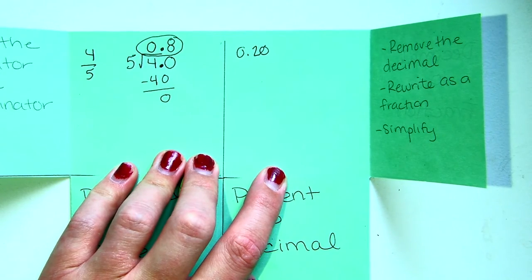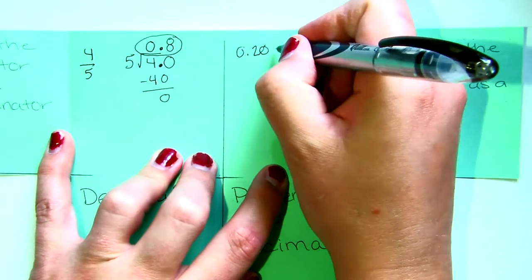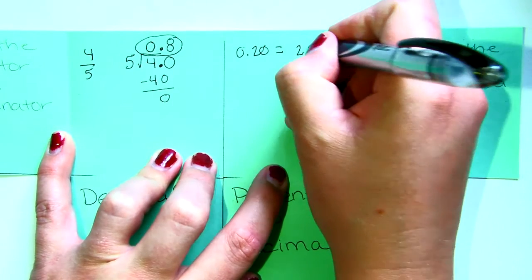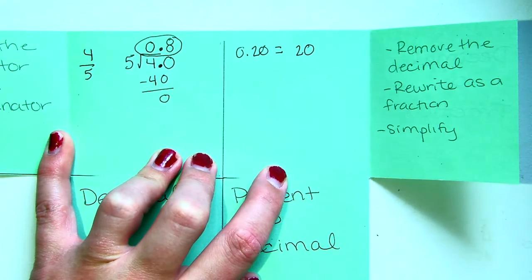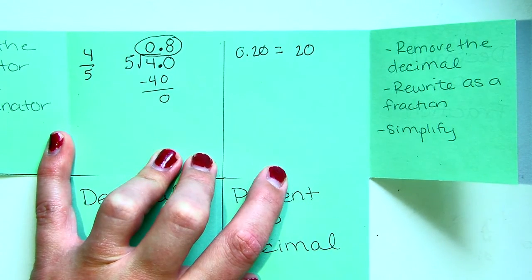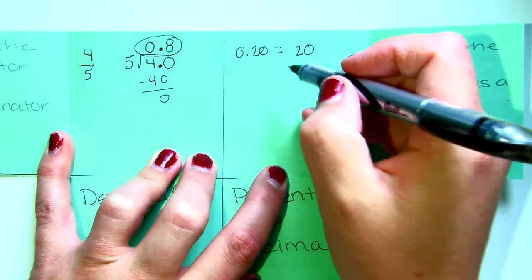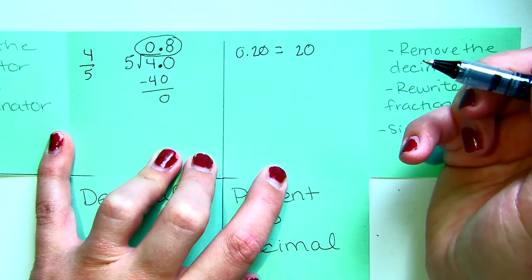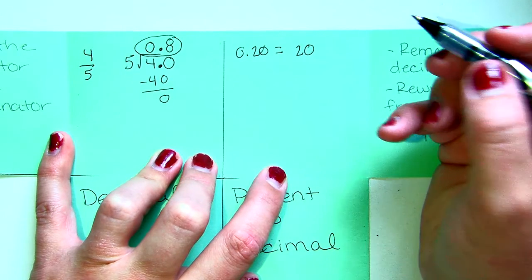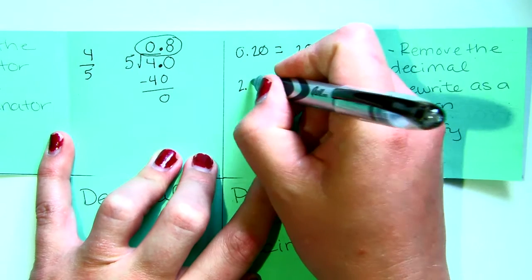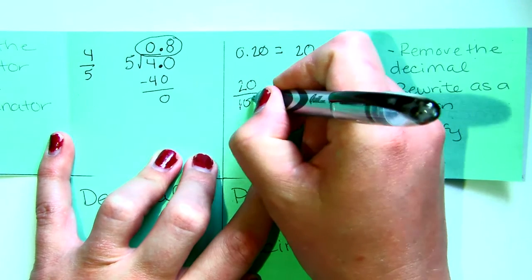I'm going to set this up, and I'm just going to drop that decimal, and write it as 20. Now, 20 cents is a part of a dollar. Now, a dollar is made up of 100 pennies. So I can put my 20 cents over 100.